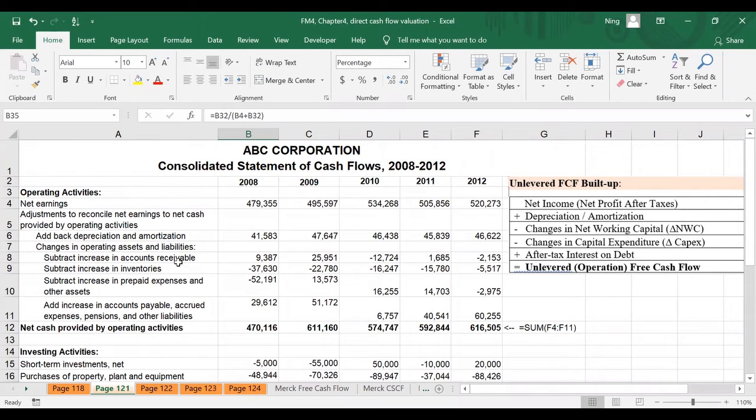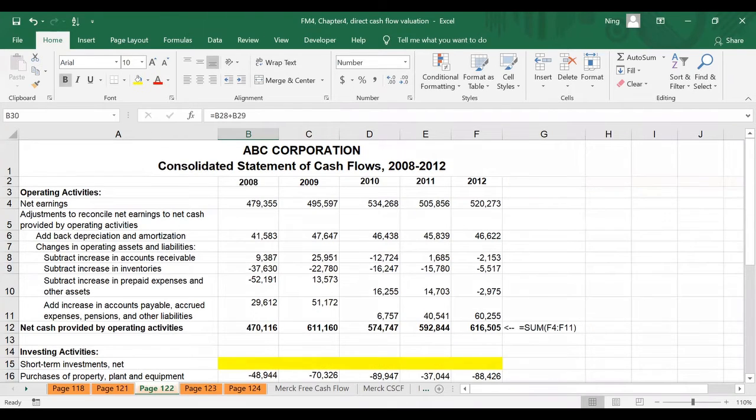Now that we have located all the input variables for unlevered free cash flow, let's make adjustments to the cash flow statement to retain only the relevant information so we could quickly compute unlevered free cash flows. In the next tab, I copied over the statement of cash flow for ABC Corp and then eliminated all the irrelevant information on the statement of cash flow.